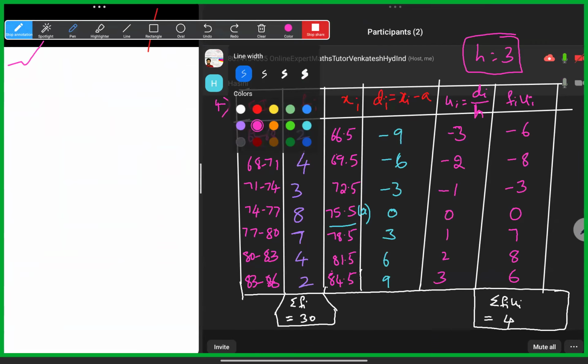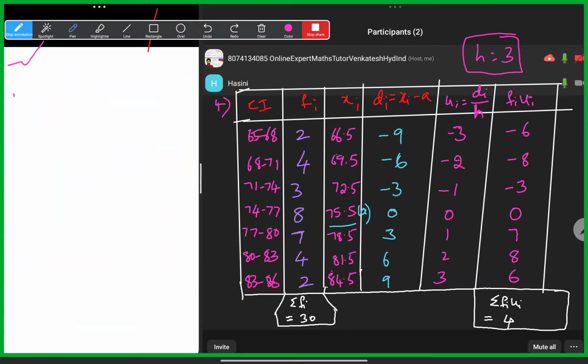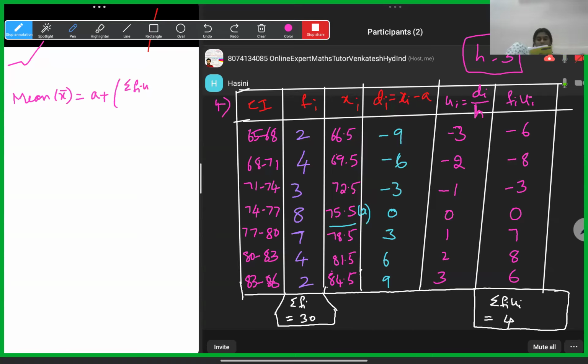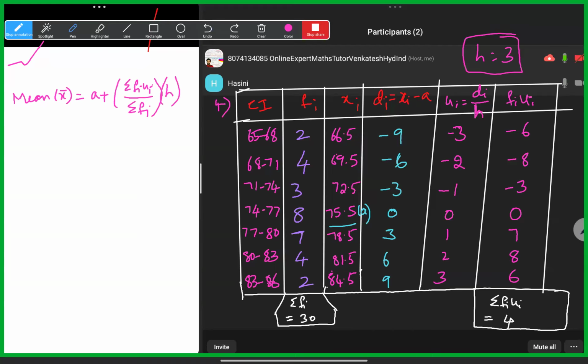Step deviation formula: mean is equal to a plus sigma f u by sigma f, into h, where h is the class size.